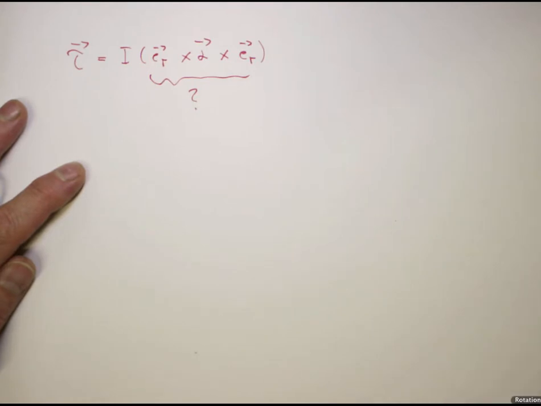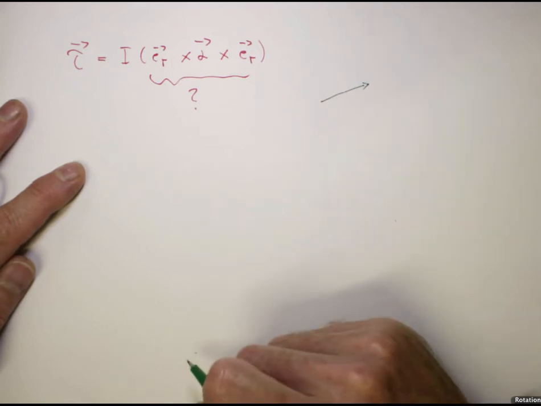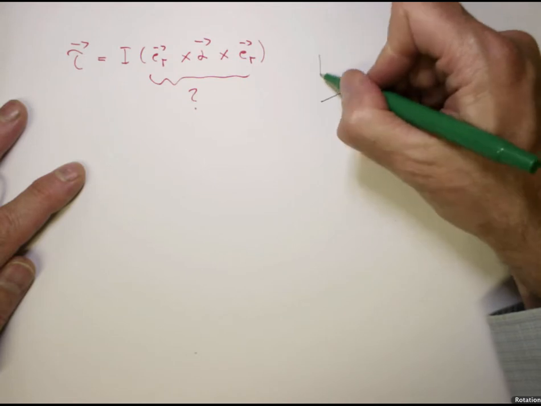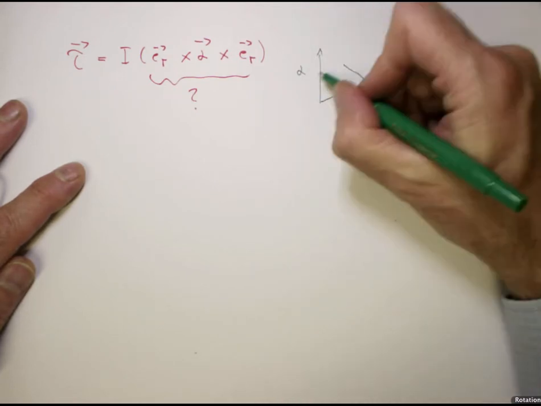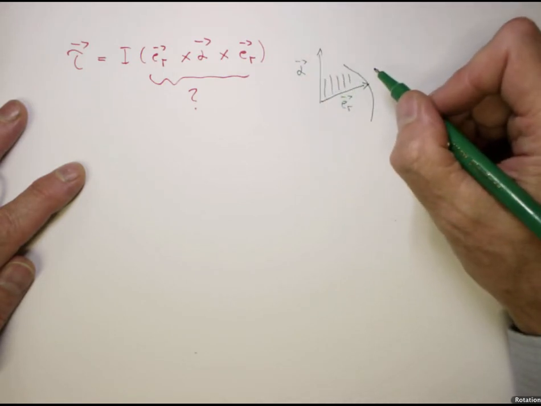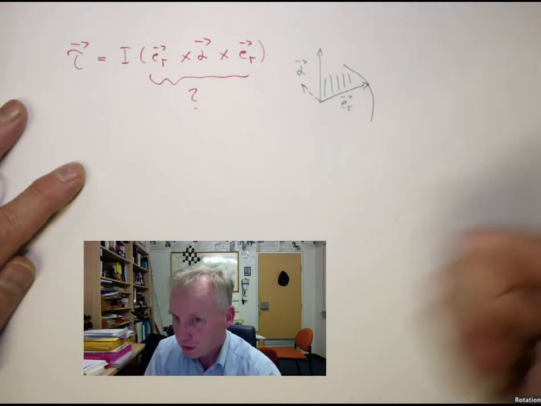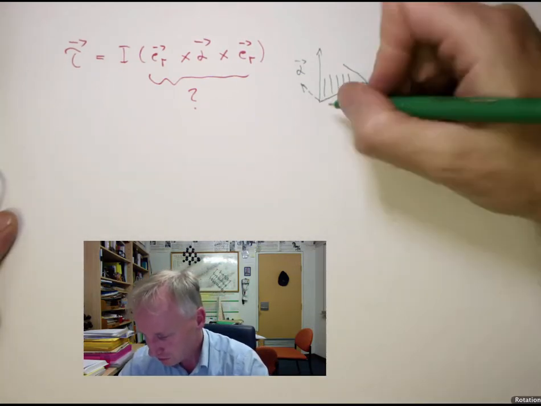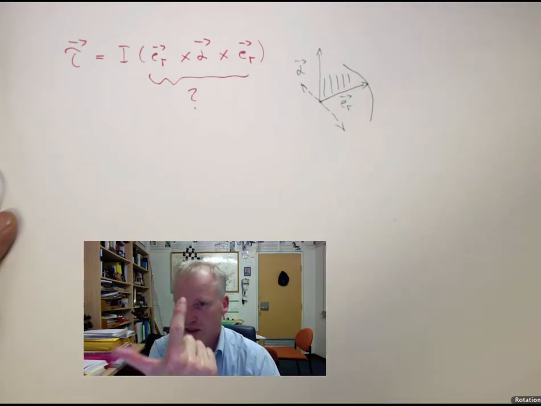What is this? Well, the easiest way to understand that is to draw the situation. So we have the unit vector in radial direction, ER, and we have a cross product with the acceleration alpha, which is pointing upward from the rotational plane, and that gives us a vector that is pointing in fact into the negative tangential direction.